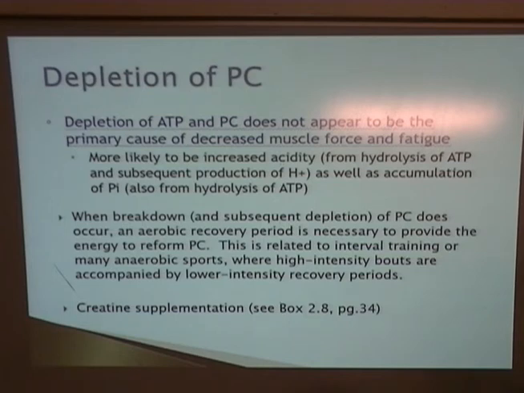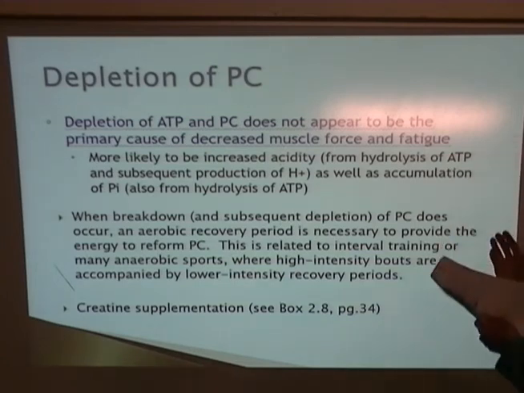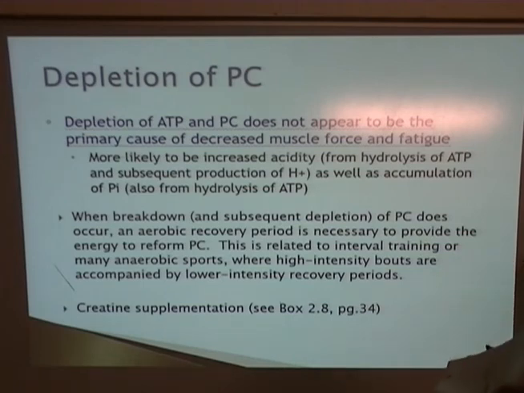Because that acidity impacts the enzymes, and the creatine kinase and the ATPase then slow down, and then we see force decrease, fatigue.